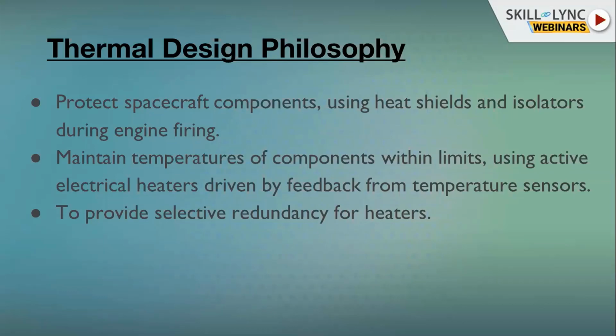You have to keep the battery in this range for maximum performance. So there are sensors and heaters on the battery which ensure that if the temperature falls below 5 degrees, the heater will automatically kick in, and if the temperature reaches above 20 degrees, this heater will cut off.